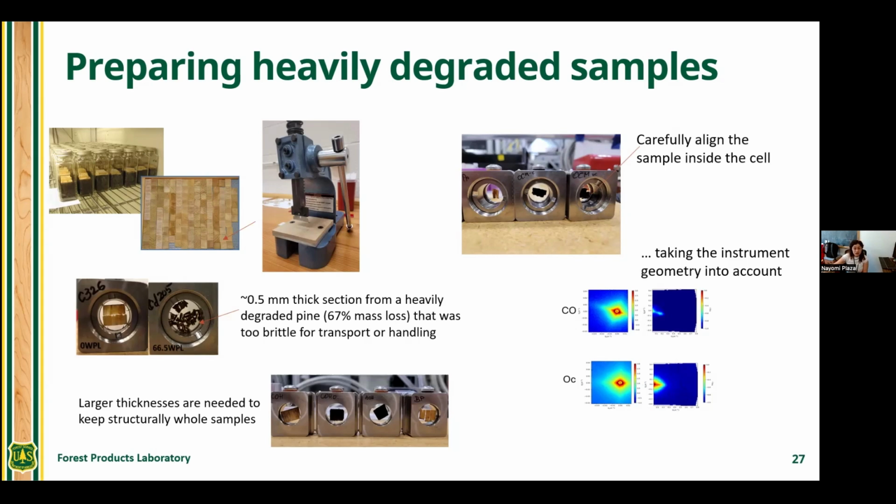And then we carefully align those samples inside the cell. Part of it is because we need to take the instrument geometry into account. Many of the instruments now have detector wings, so we can take data simultaneously, but that also means that you need to think about where your anisotropy is going to show and make sure that your sample is aligned correctly so that you're not missing information.